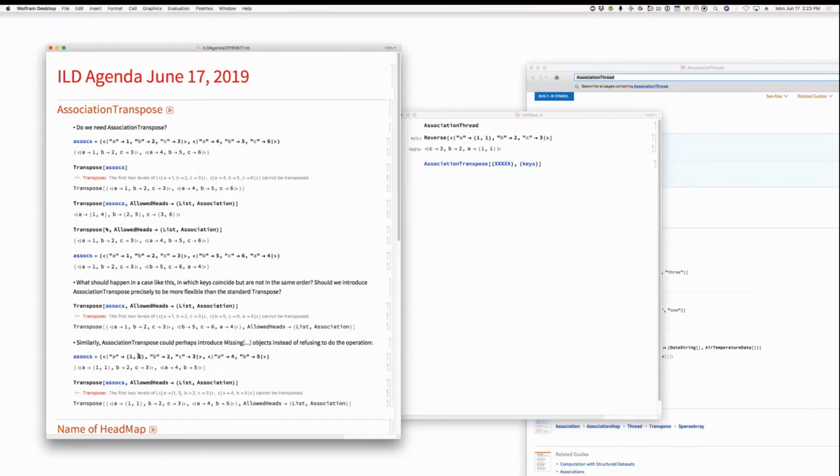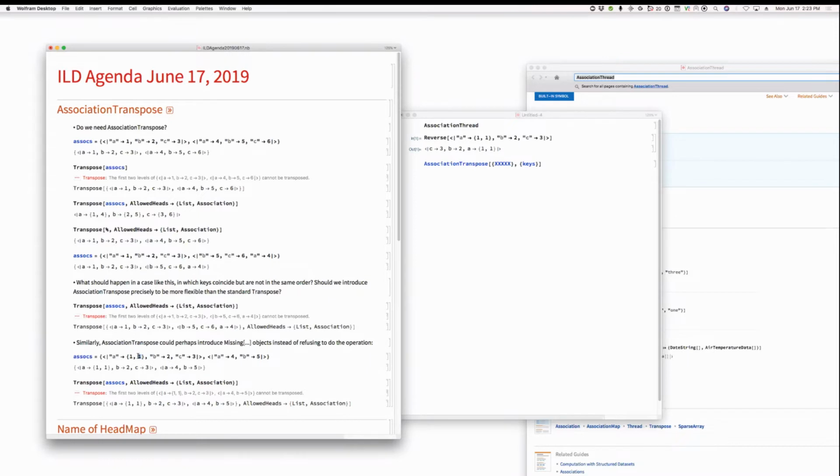I believe you can also index them by position. Yes, they maintain these things, but they are not meaningful for most operations. In order to make the standard list operations work on associations, they behave as if they had order.